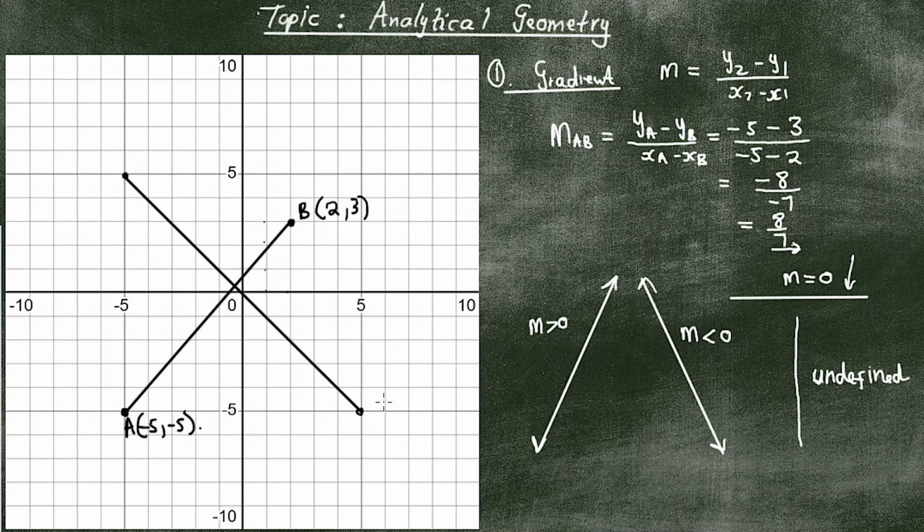Use those coordinates to calculate the gradient and see you actually get a negative gradient. Then take a horizontal straight line, take these 2 points, use them to calculate the gradient. You should obtain 0, and then you do the same thing for a vertical line. Okay, so that's a challenge for you.